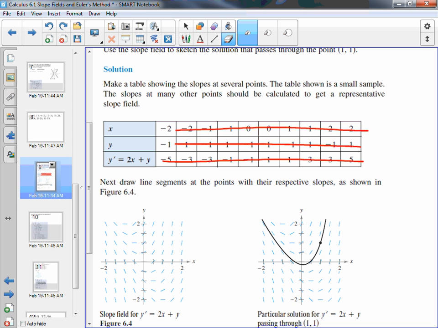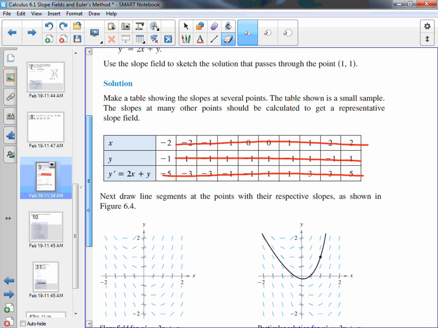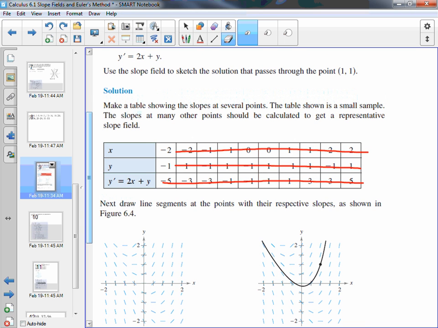You've got to pick both members of the ordered pair. So, whenever x equals -2 and y equals -1, use your derivative to find y prime. So, you would substitute -2 right there for x, you would substitute -1 right there for y, and you'd simplify it, and you'd get -5.